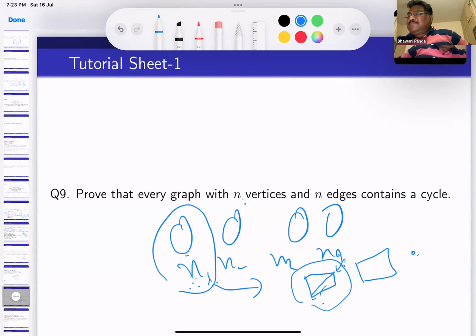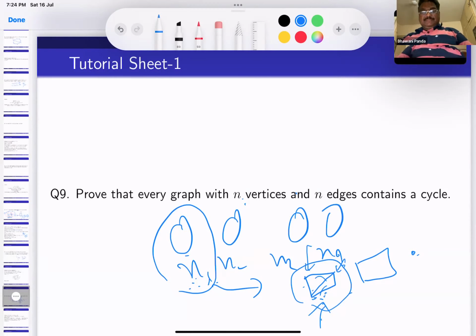So we have a contradiction. So you catch hold of one component where the number of edges is at least the number of vertices. Now you see the connected graph. If it doesn't have any cycle, then it should be a tree, and every tree with n vertices has n-1 edges. So we have a contradiction. So it must have a cycle. That is what you do.